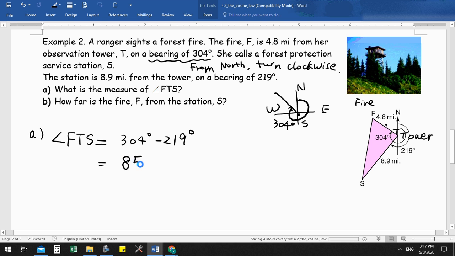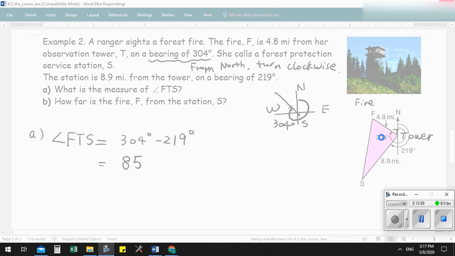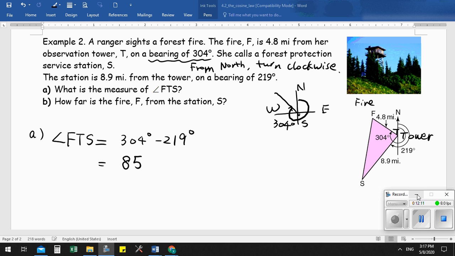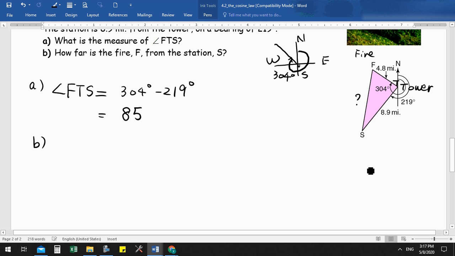That is the reason why we need to find this angle, because we need it in that triangle. Then it asks how far the fire is from the station. It asks you to solve for this one. So I will redraw this triangle.